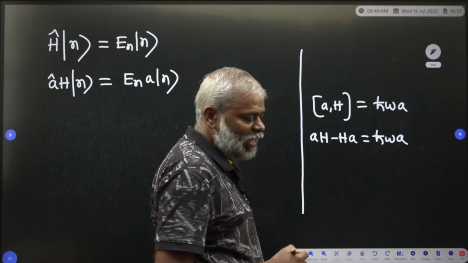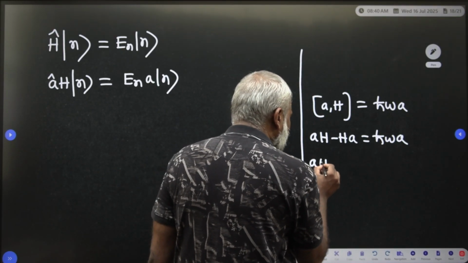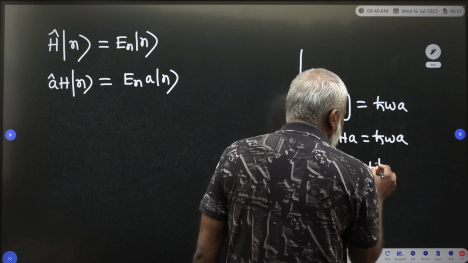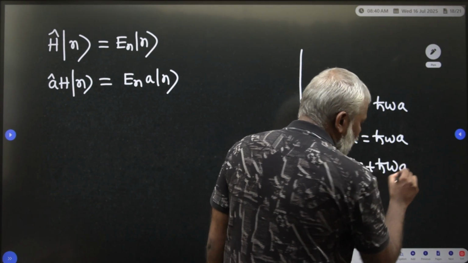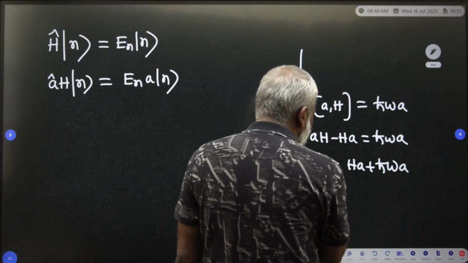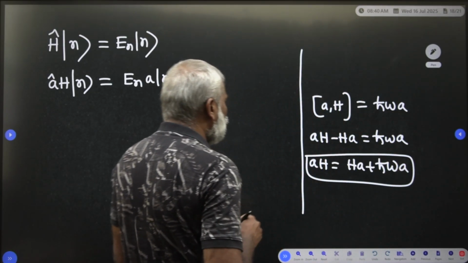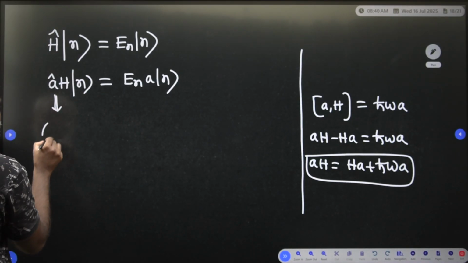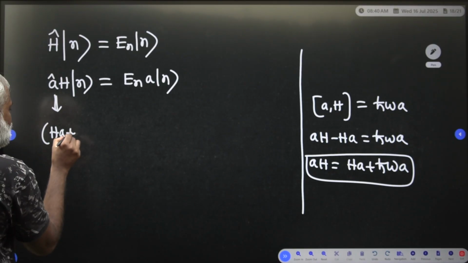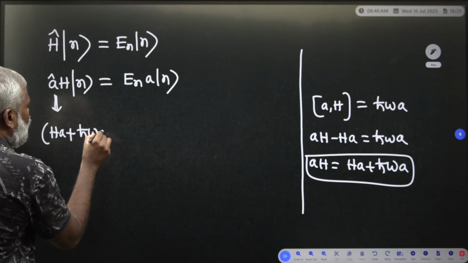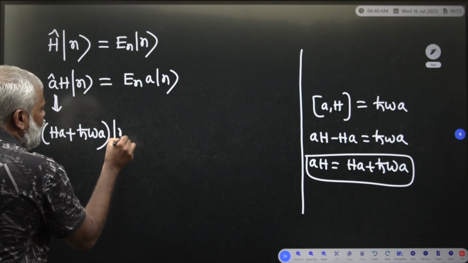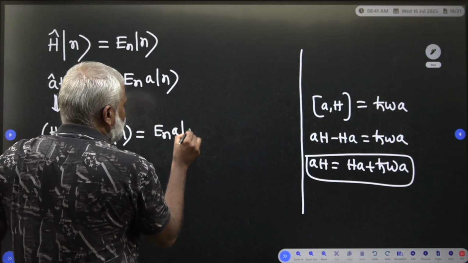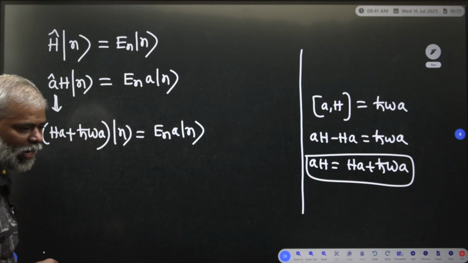We need to calculate the h value, so h a is equal to ah plus h cut omega into a. Therefore we substitute: h a into ket n is ah plus h cut omega a into ket n, which is equal to En into a into ket n, is it clear?